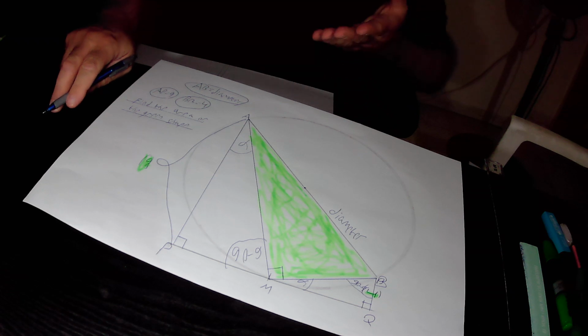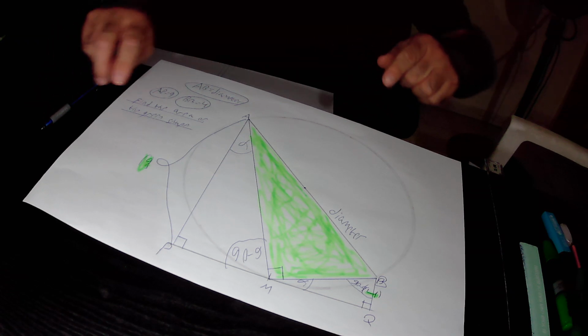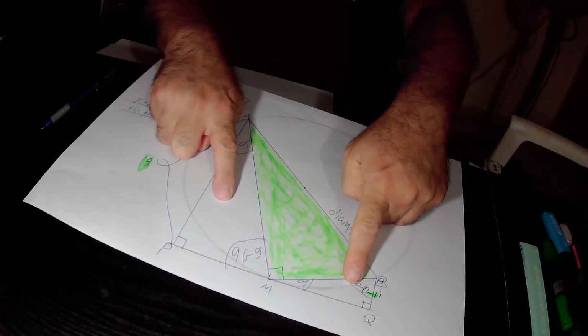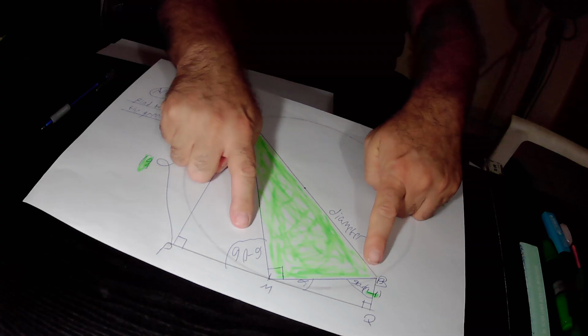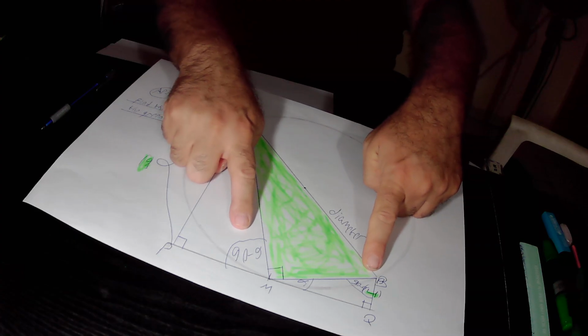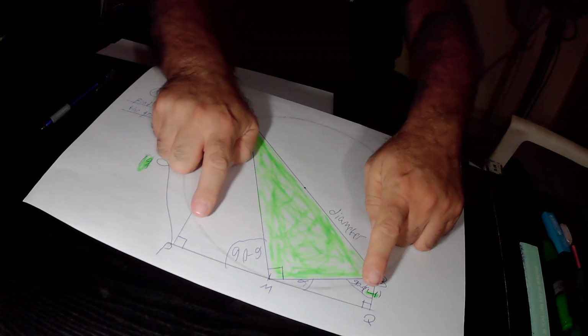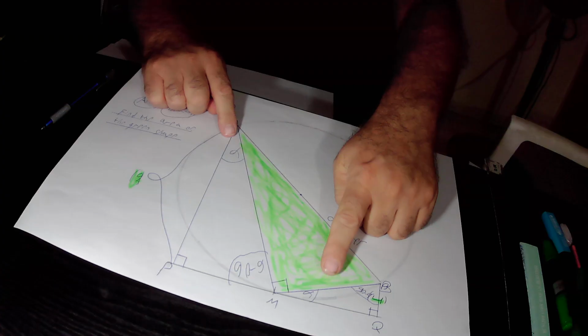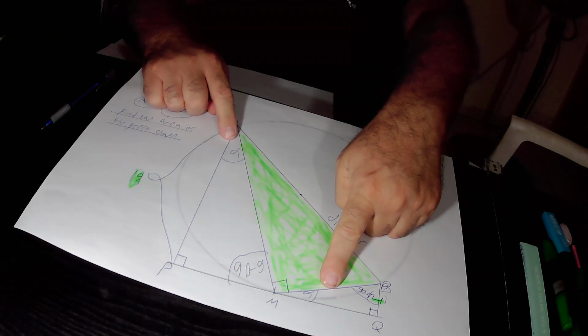It is very easy to see from the drawing that those two right triangles are similar to each other according to angle similarity rule. That is to say, those two angles are both equal to 90 degrees minus alpha, and therefore they are equal to each other. In addition, those two angles are both equal to 90 degrees, and therefore they are equal to each other. And finally, those two angles are both equal to alpha, and therefore they are equal to each other.